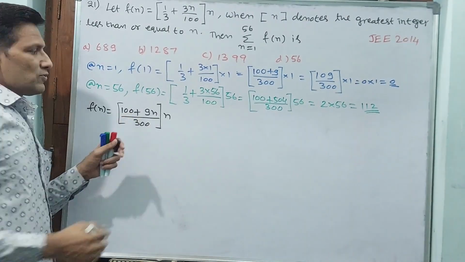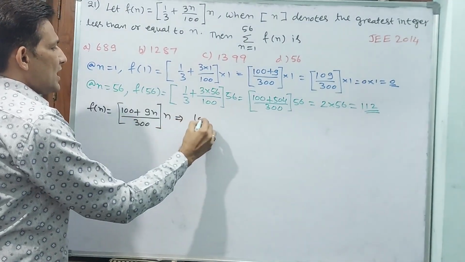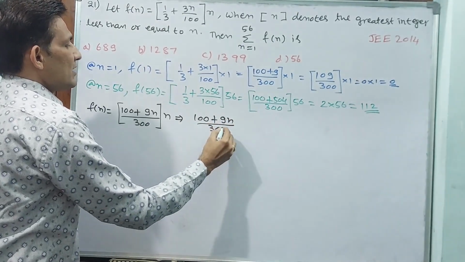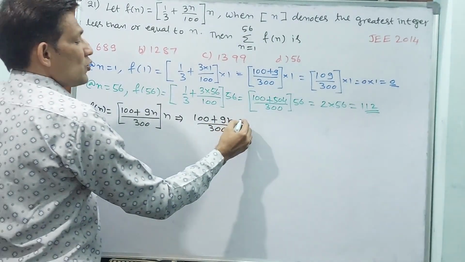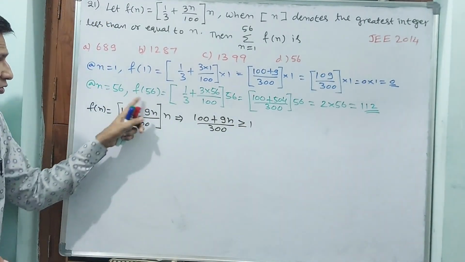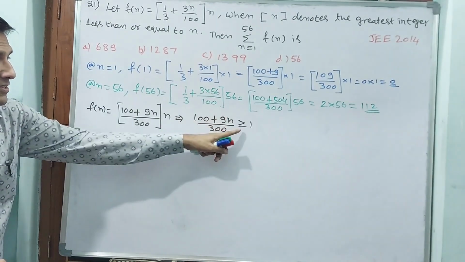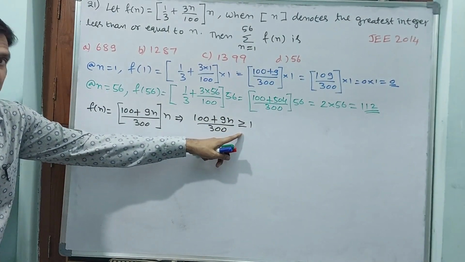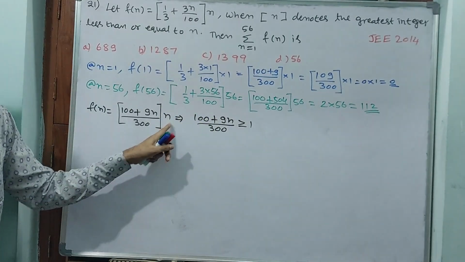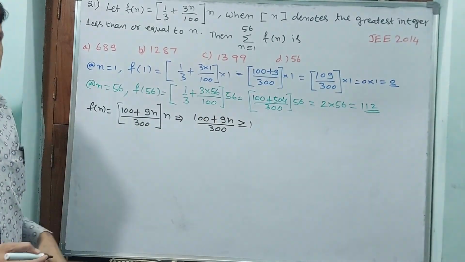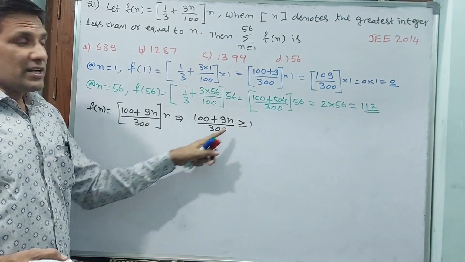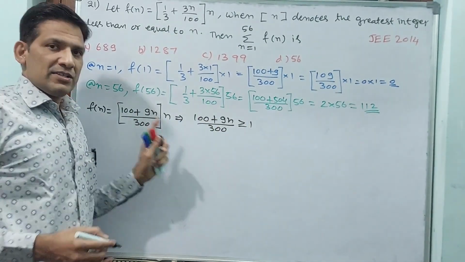That implies 100 plus 9n by 300 should be greater than or equal to 1. Then only this is valid. If it is less than 1, this is going to give 0, and 0 into n is 0 again. So 100 plus 9n by 300 should be at least equal to 1.